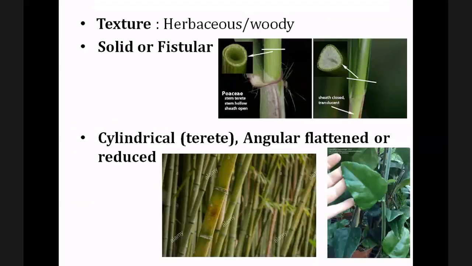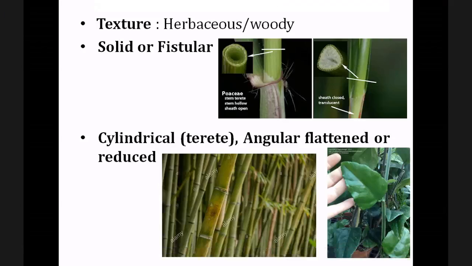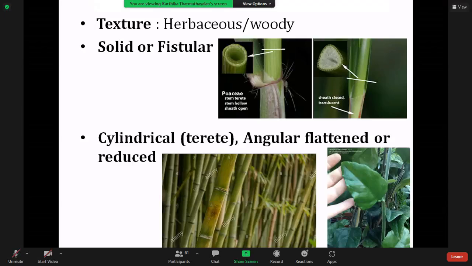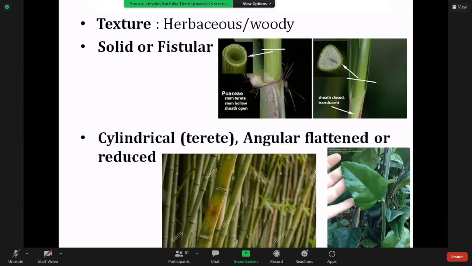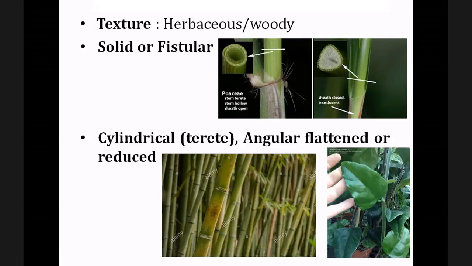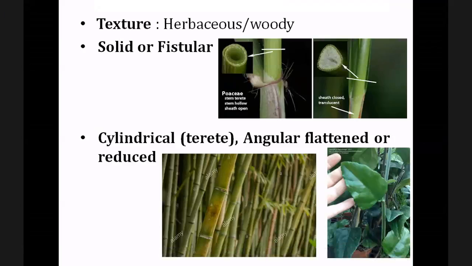Next we can describe the stem based on its texture. Texture means the surface quality. The stem surface quality we call texture. We can also describe the stem regarding its size and shape.